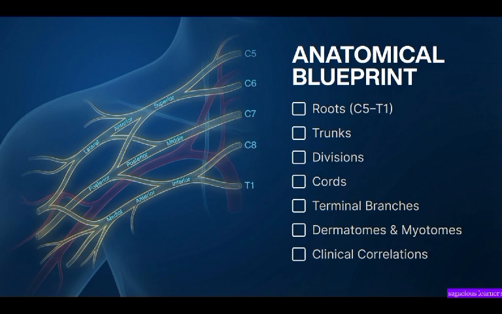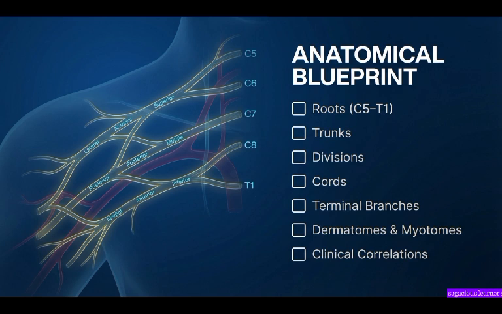When C5 and C6 combine, they form the superior trunk, while C7 continues to form the middle trunk, and C8 and T1 combine to form the inferior trunk.